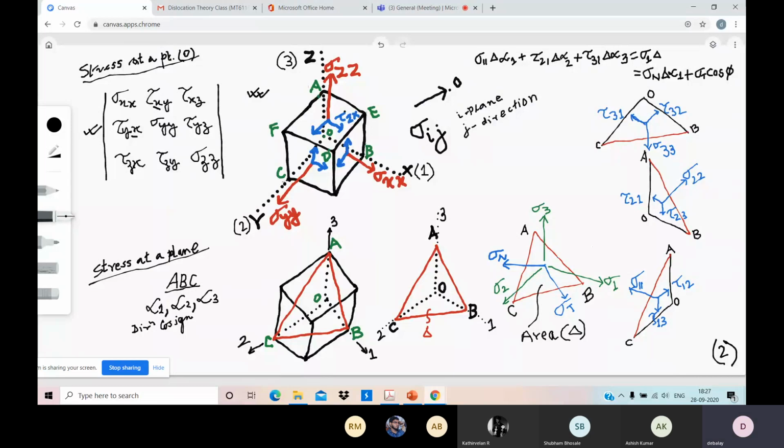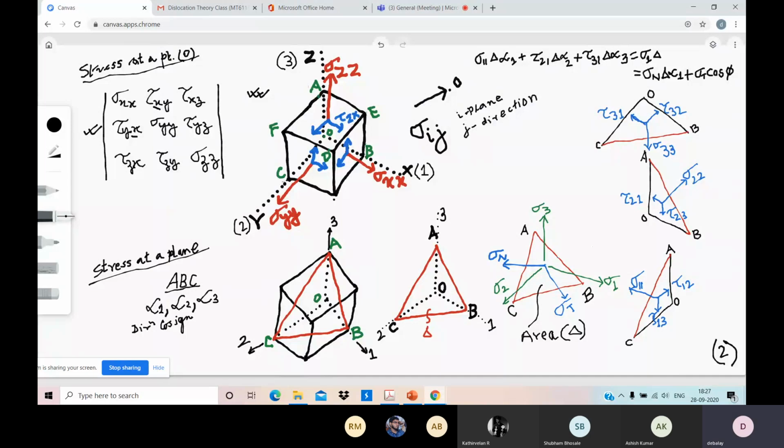Again, you can have a look. Normal stresses are indicated as red arrows. Shear stresses are indicated as blue arrows. And now the box or parallelepiped that I am drawing, I am giving it a number. The origin is at O, and the top plane is AFDE, the side plane is ABC.